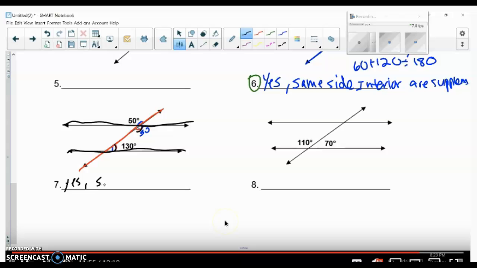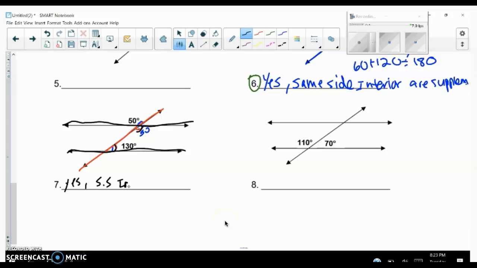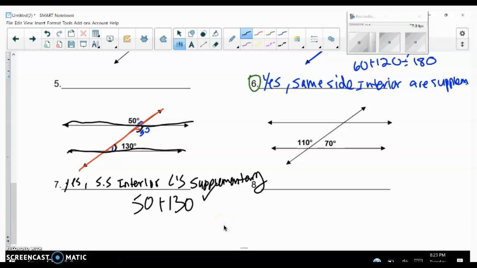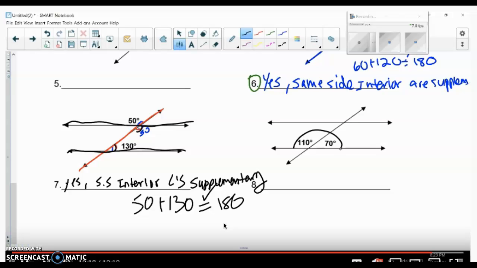So it turns out that yes, they are parallel, because what we get is 130 and 50 as same side interior angles that are supplementary. So 50 plus 130 does equal 180.